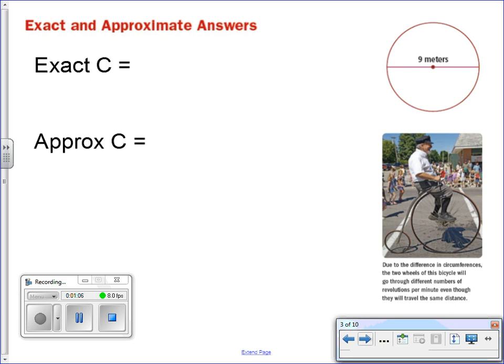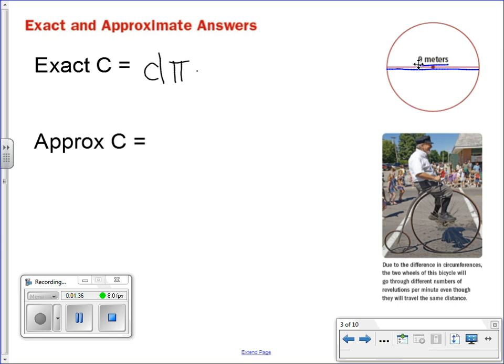Exact and approximate answers. Exact answers are going to keep pi in the answer, and approximate is when we're going to plug pi into our calculator and get some long number. So if we look at our circle here, 9 meters. 9 meters tells us that that is the distance here, diameter. So we are going to use the equation diameter times pi.